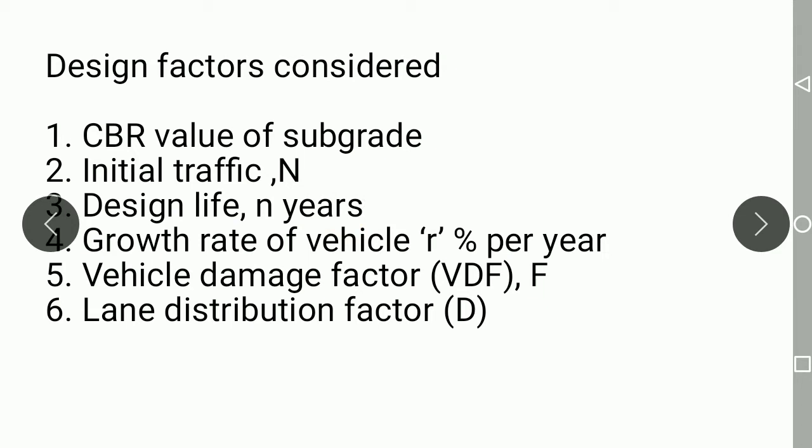Then the growth rate of vehicles, R. And the vehicle damage factor, represented by VDF, which in the formula you have noted as F. And the lane distribution factor, which is also given as per the IRC recommendation. These parameters are required for designing the flexible pavement by the CBR method.